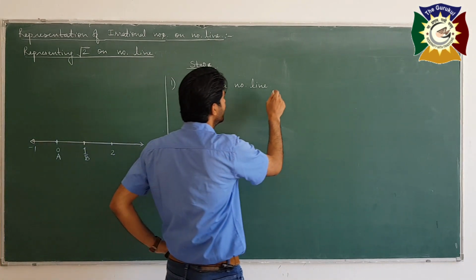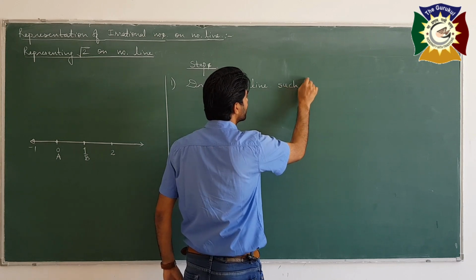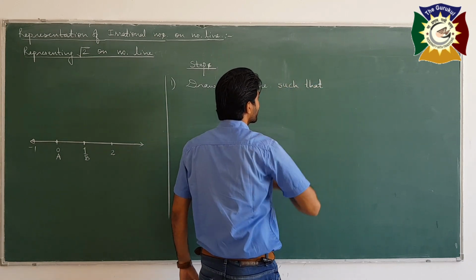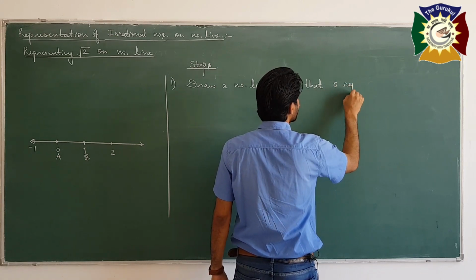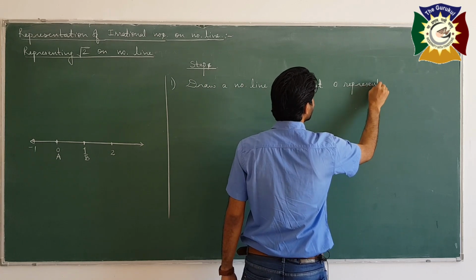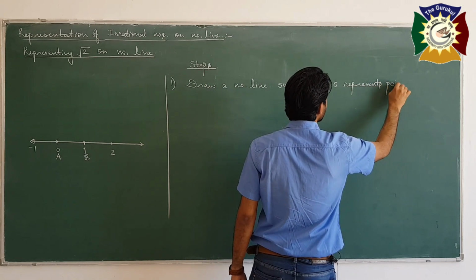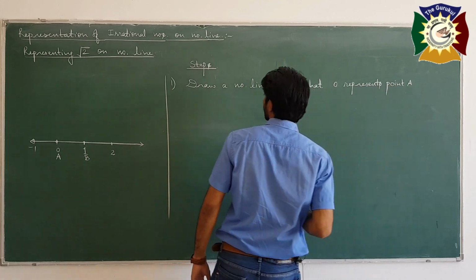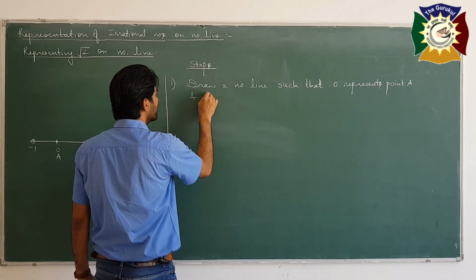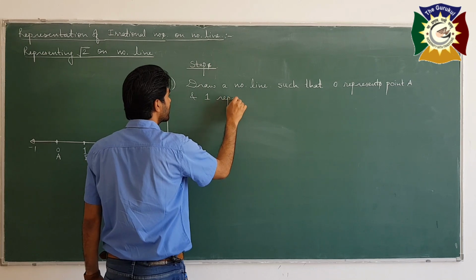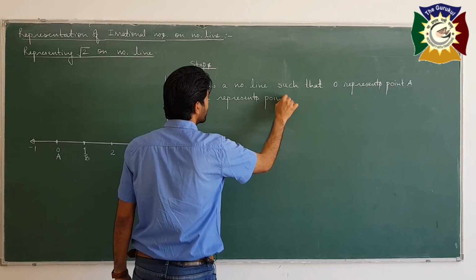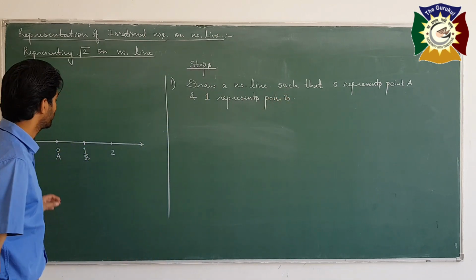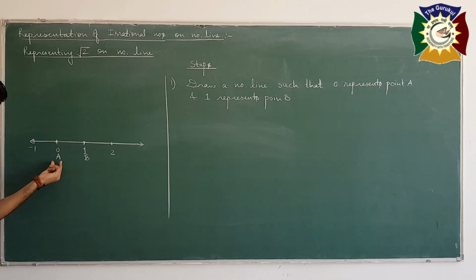Draw a number line such that 0 represents point A and 1 represents point B. Okay, so I have taken 2 points, A on 0 and B on 1.